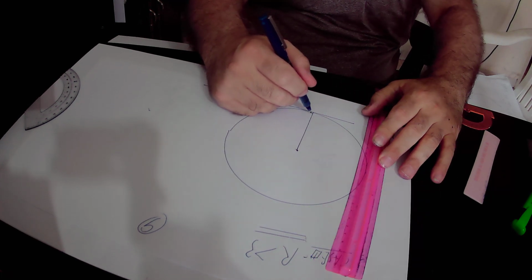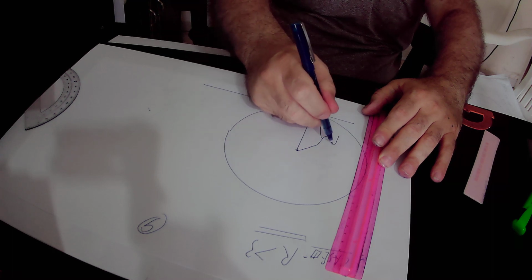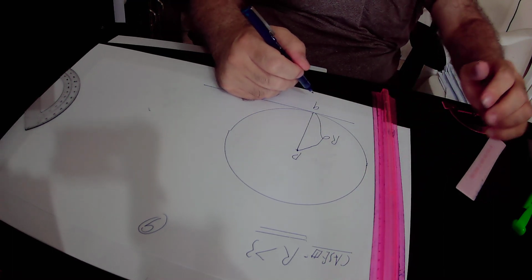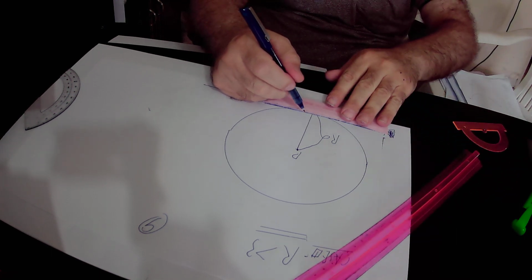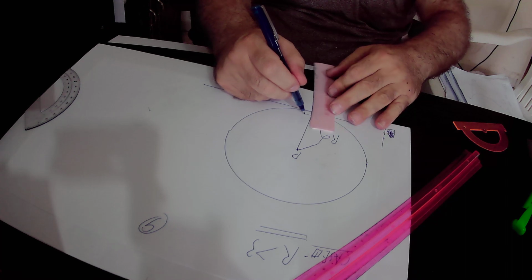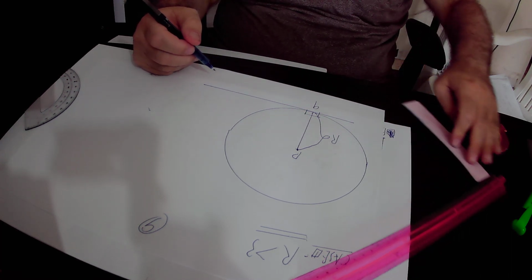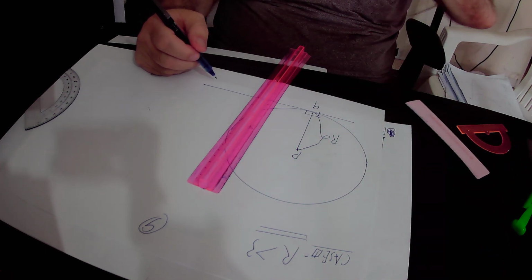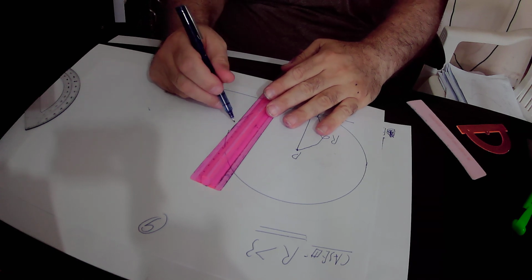This is the radius of the circle that is greater than 3 units. So the radius will be higher than the square.